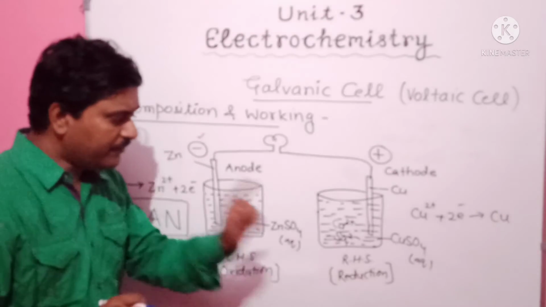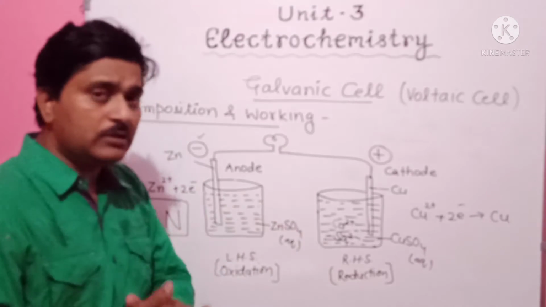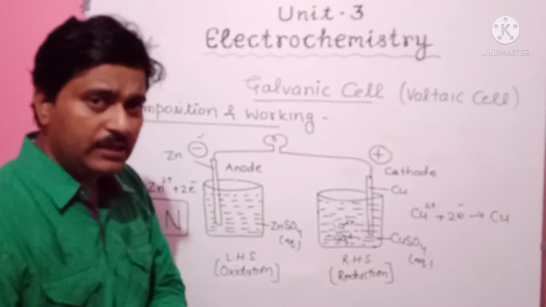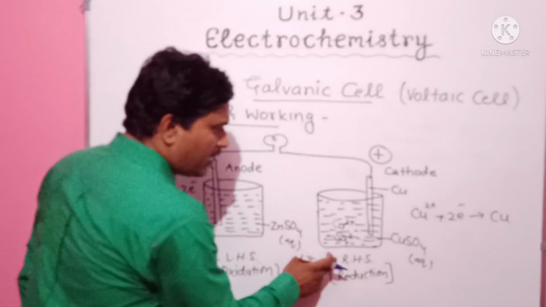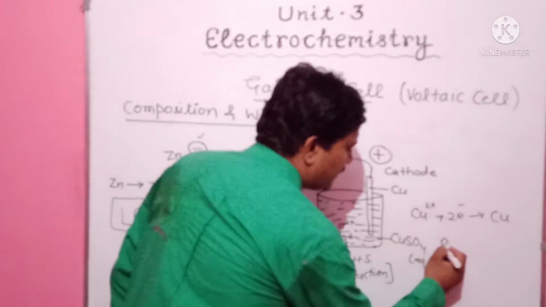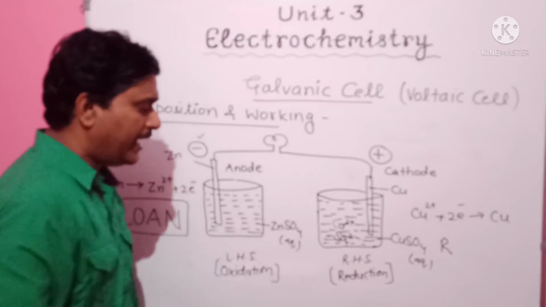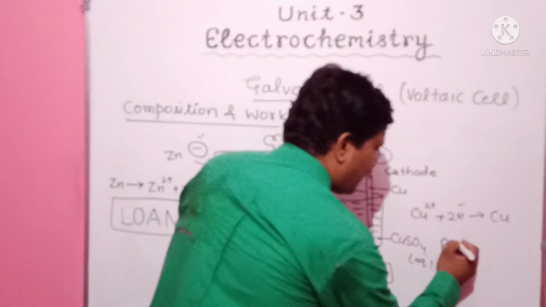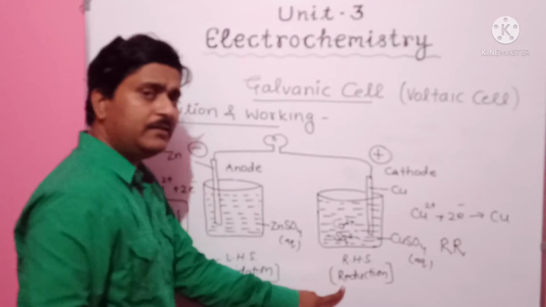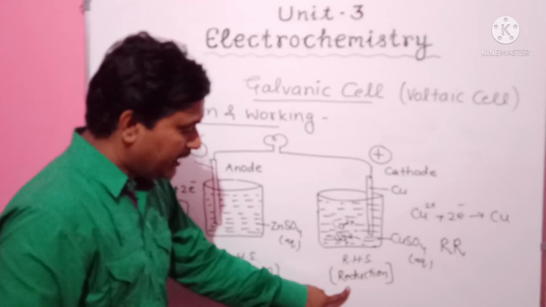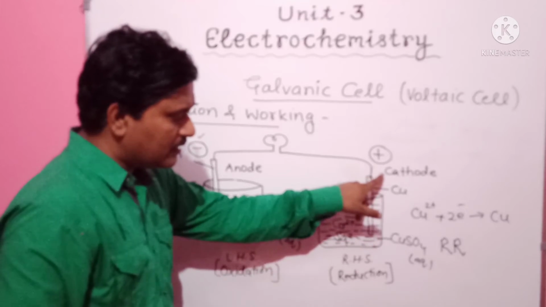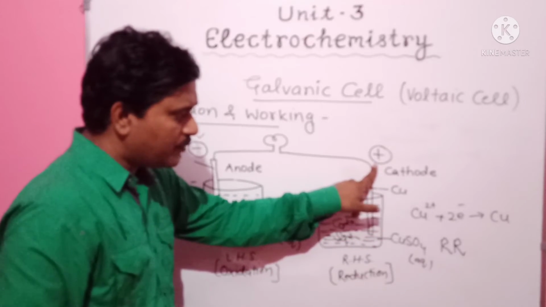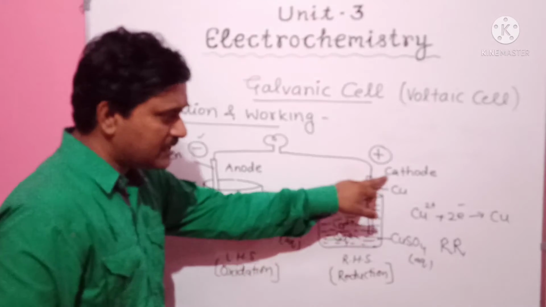Similarly, if we want to learn about the cathode, then its short form will be R. R means right hand side, and reduction always occurs here, taken again R, and that produces positive charge, which is known as the cathode.